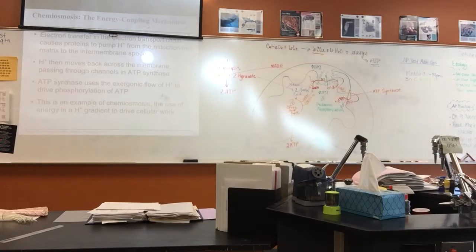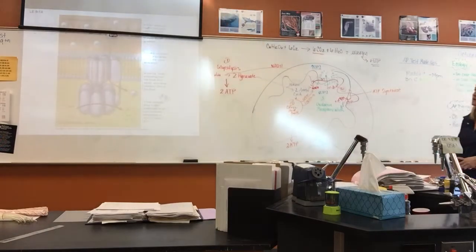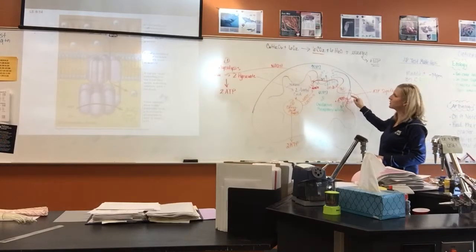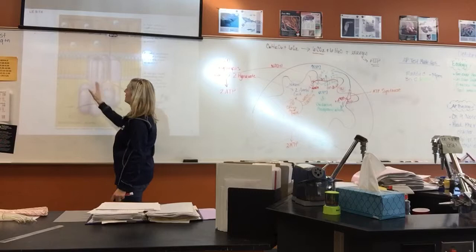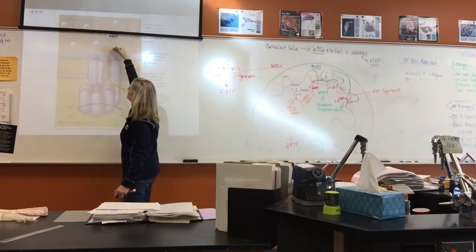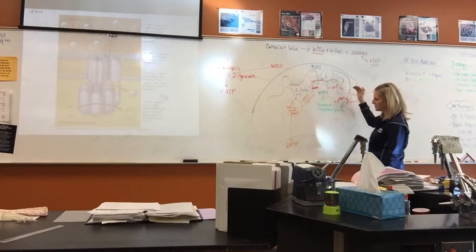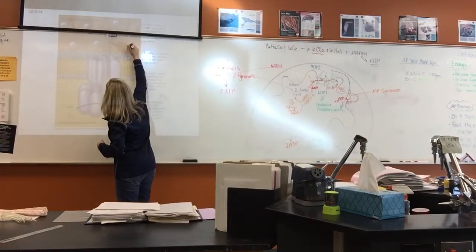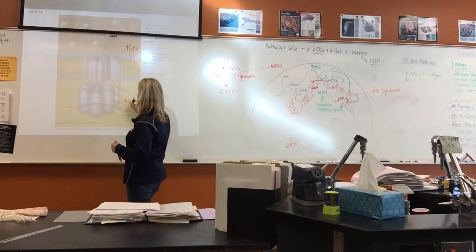Yeah, absolutely. And that's what this next picture in your notes shows you. What you're looking at here is kind of like what I just drew here. You're looking at my orange here, the ATP synthase, that's this guy here, embedded in the inner membrane. So here's the inner membrane space, so that's this part here. High H plus concentration in the inner membrane space, so you're going from high H plus concentration to low H plus concentration.